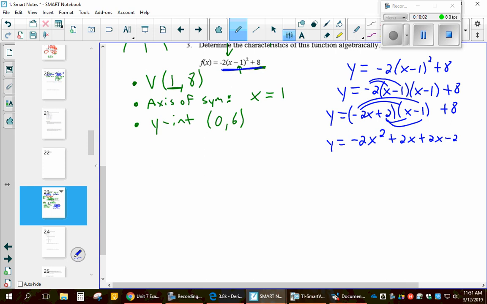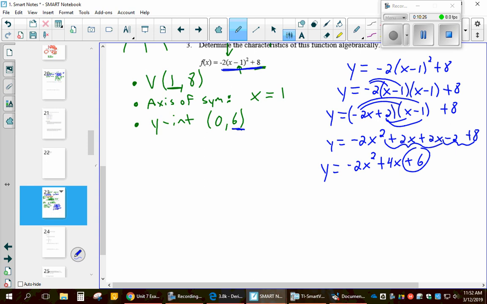And then there's still that plus 8 on the end. So that'd be -2x squared, those would combine to be plus 4x, and then this will become plus 6. Hey, that worked out nice, right? Plus 6. That's what we said our y-intercept was, so that makes sense. We should have got that.